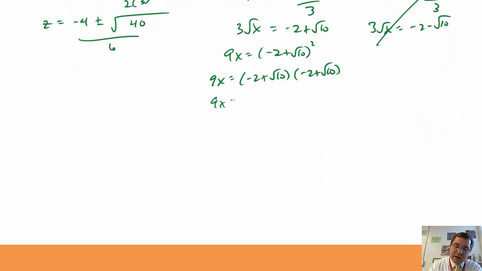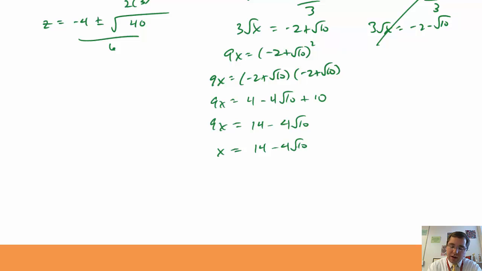So 9x equals 4 minus 2 times the square root of 10 minus another 2 times the square root of 10 makes minus 4 times the square root of 10, and then plus square root of 10 times the square root of 10, which is 10. So 9x equals 14 minus 4 square root of 10. Divide both sides by the 9, and x equals 14 minus 4 square root of 10 over 9.